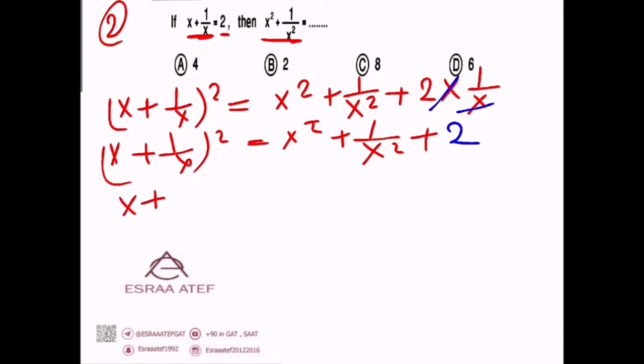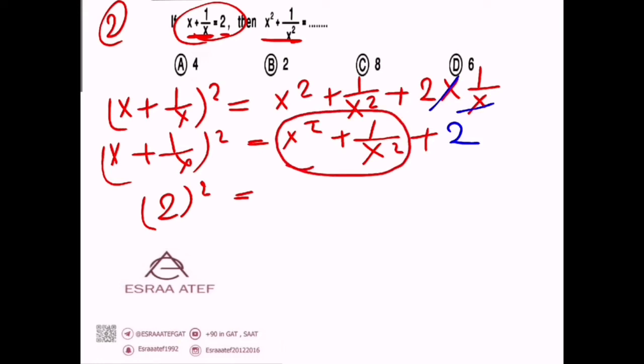We have the value of x plus 1 over x, which equals 2, so we put 2 squared equals x squared plus 1 over x squared, which he needs, so we leave it the same, plus 2.